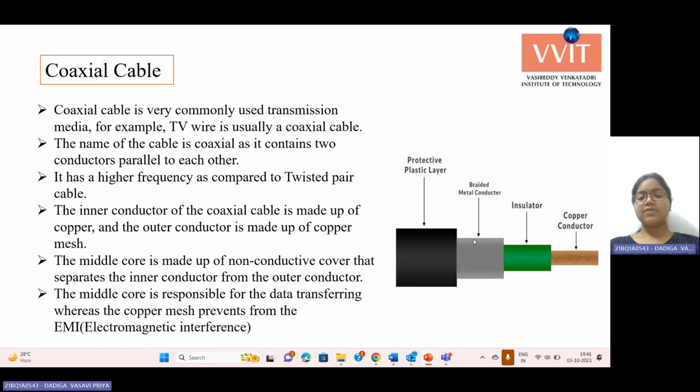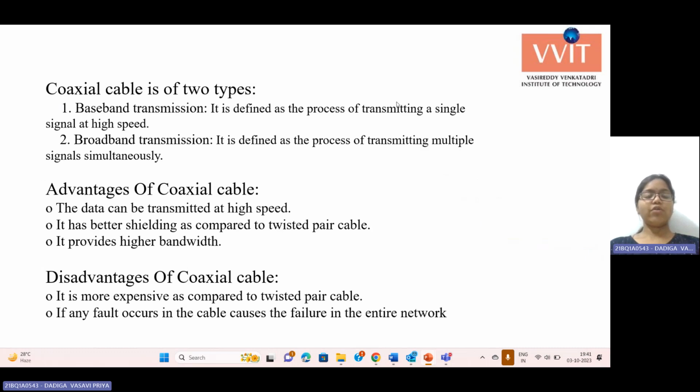As you can see here, the picture of a coaxial cable. Coaxial cables are of two types: one is baseband transmission and another is broadband transmission. Baseband transmission is defined as the process of transmitting a single signal at high speed, whereas broadband transmission is defined as the process of transmitting multiple signals simultaneously.